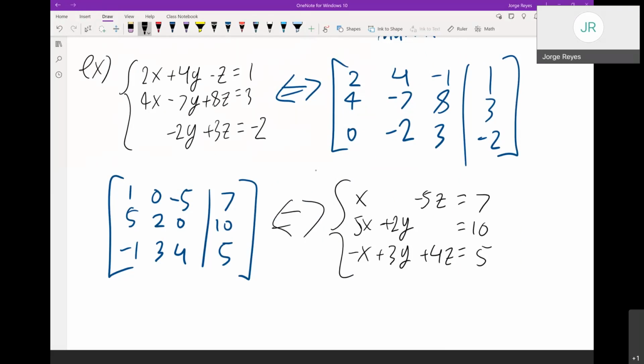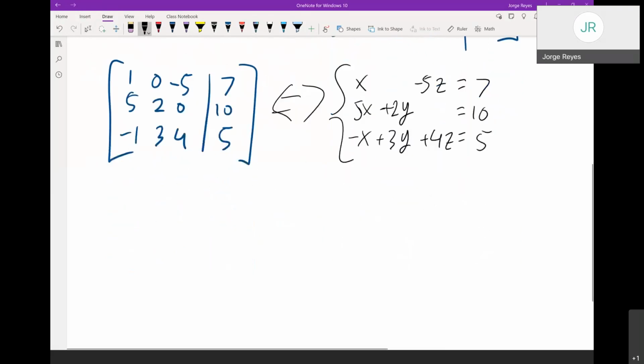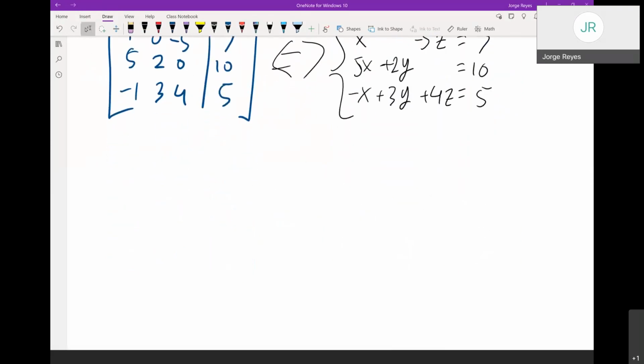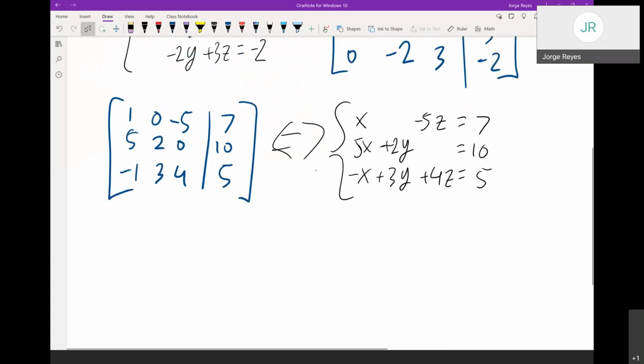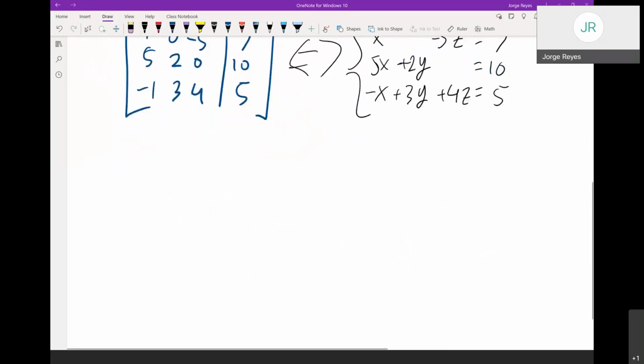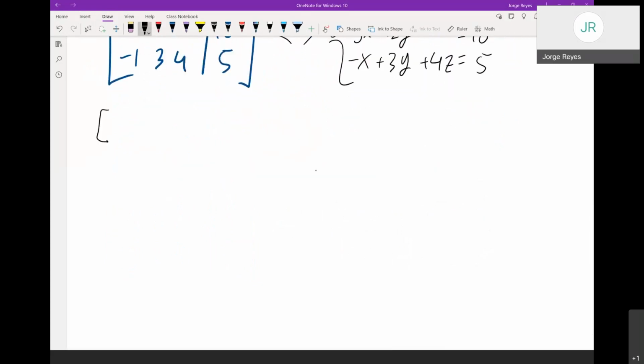With matrices, basically when the systems get big, we're going to want to use matrices because it's just less writing. You don't have to write the letters or the equal signs. From last section, I gave you 2 options on how to solve systems: elimination and substitution.